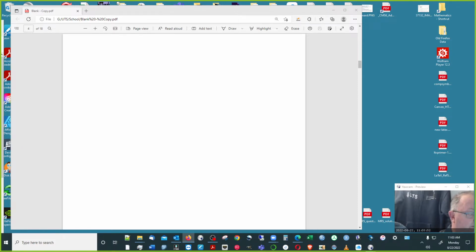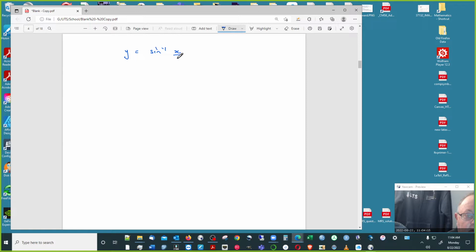Alright, so in terms of what I wanted to do, it was just to capitalize on the idea that we've got quite a few things that come up when we do an exercise like this. And the exercise is y equals sine to the -1 of x on a, and we're asked for dy/dx.